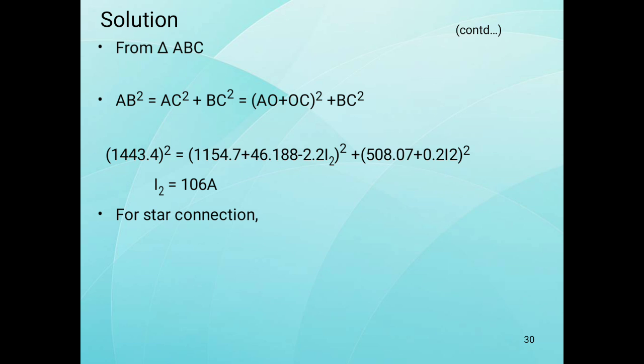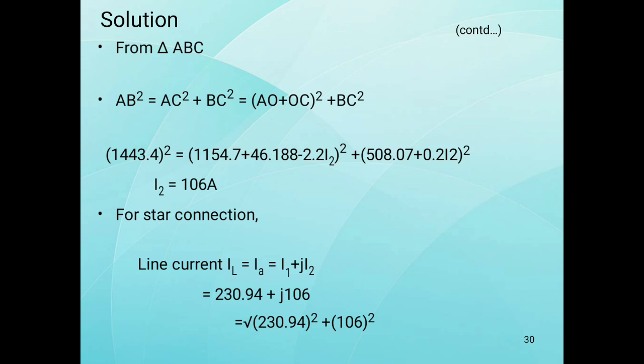For star connection, we get IL is equal to IA, that is I1 plus jI2, that is 230.94 plus j106. Here we get finally the value is 254.1 amps. Current is 254.1 amps.